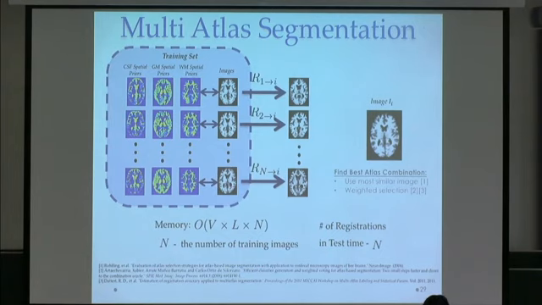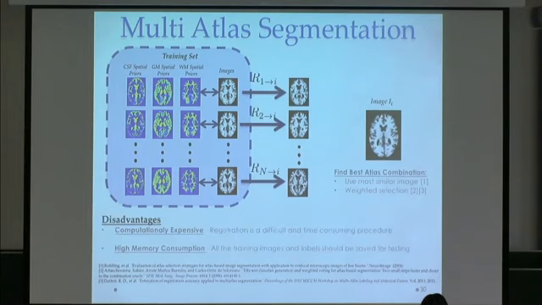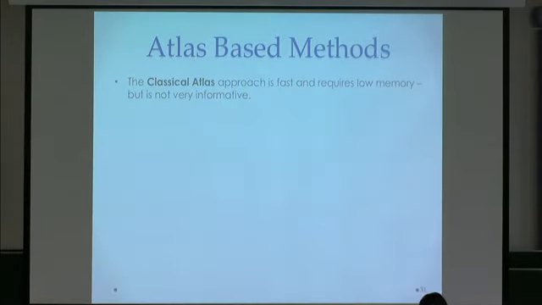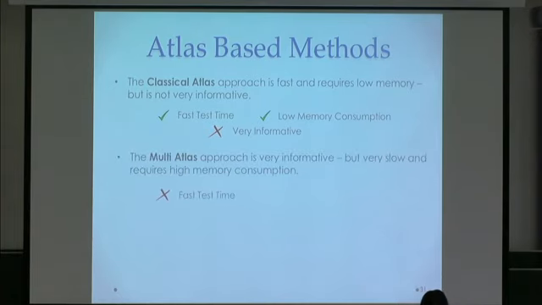So this may not be good enough, and the question is, can we do some compromise? The classical atlas approach is fast at test time, with low memory consumption, but not very informative. The multi-atlas approach: fast test time, no. Low memory consumption, no. But better, more informative.